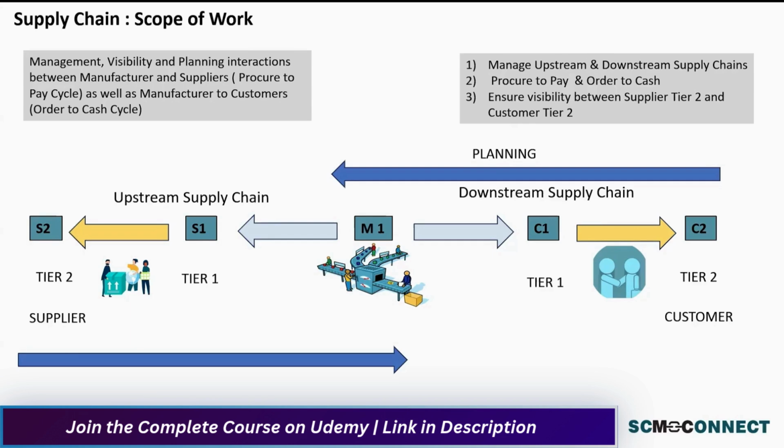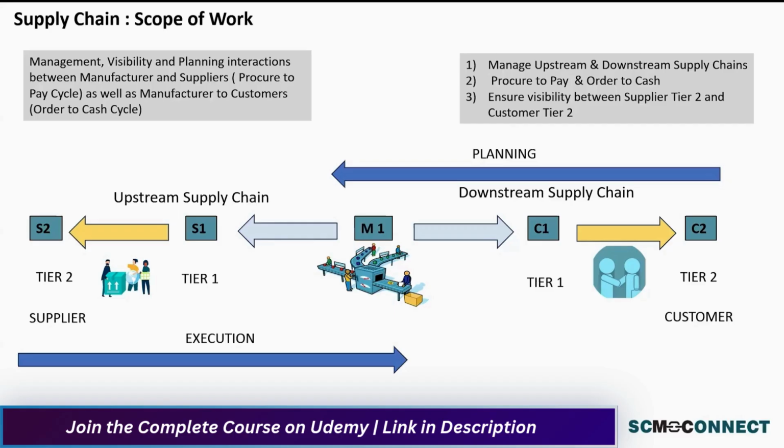And then when it comes to the execution part of it, it starts from tier 2 suppliers to tier 1 suppliers to manufacturers to your warehouses and finally to your end customers. So planning is always from downstream to upstream, and execution is always from upstream to downstream, from suppliers to end customers.